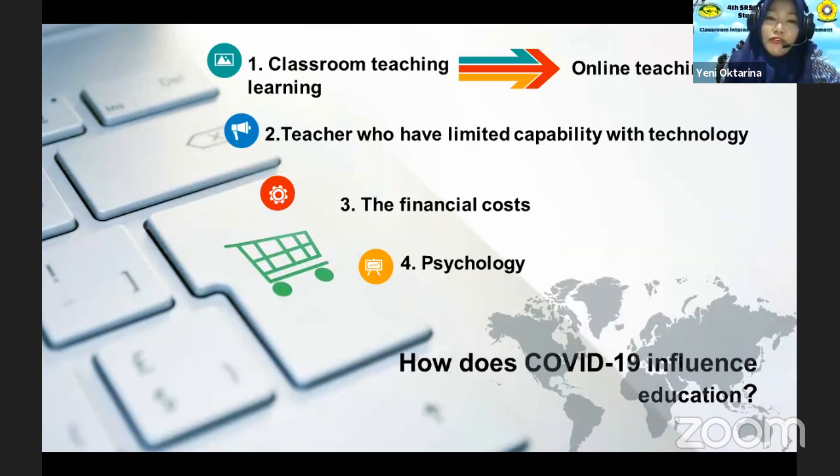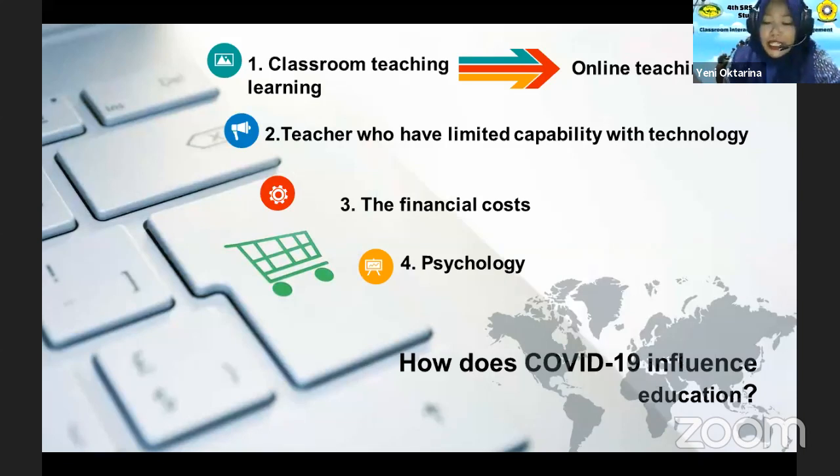And the fourth is the financial cost. The financial cost is felt not only by the teachers, but also by the students and the parents. And the last is psychology. Psychology is the most important one.